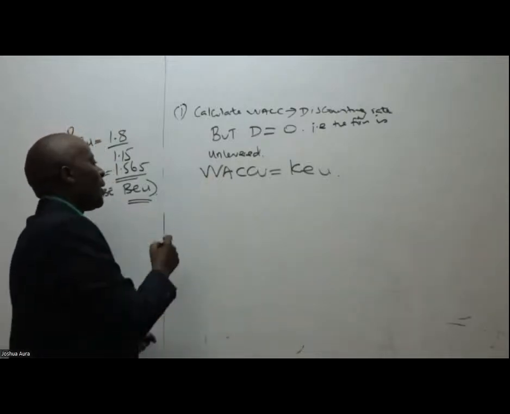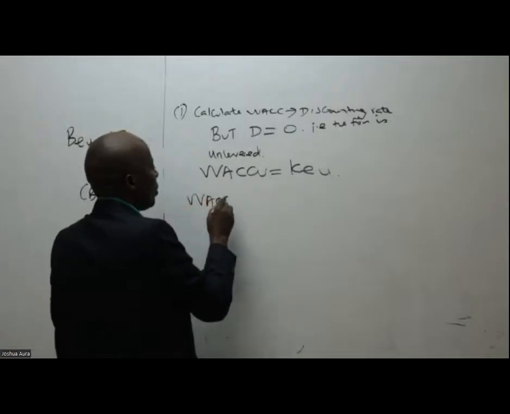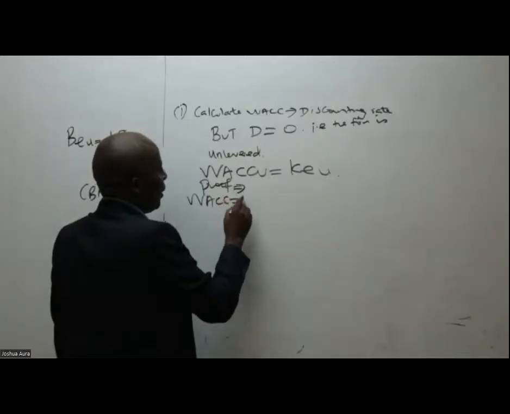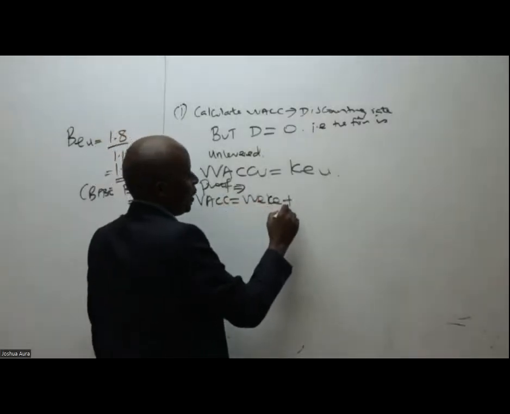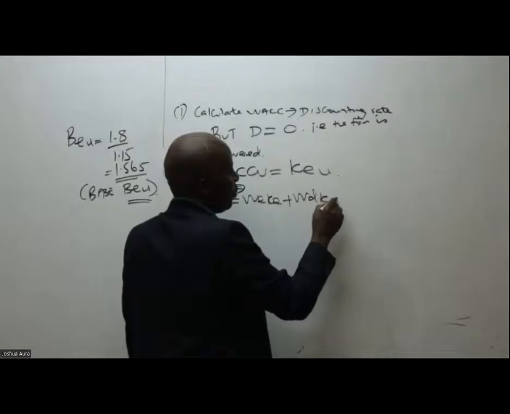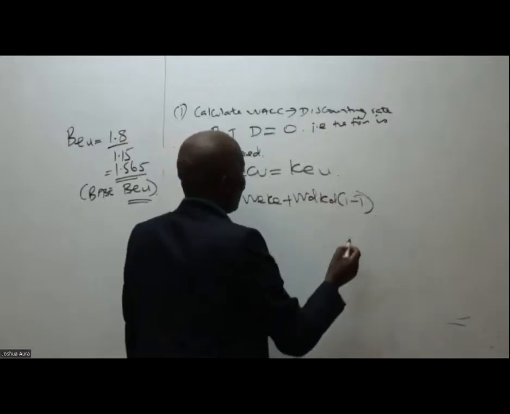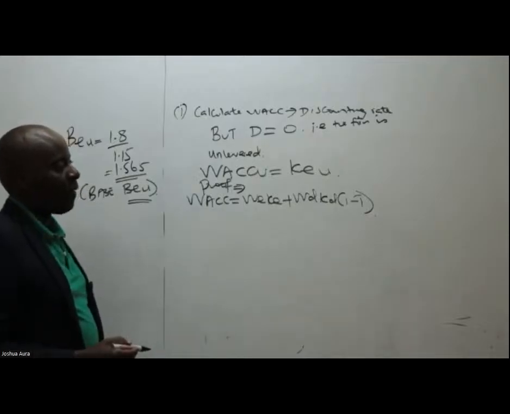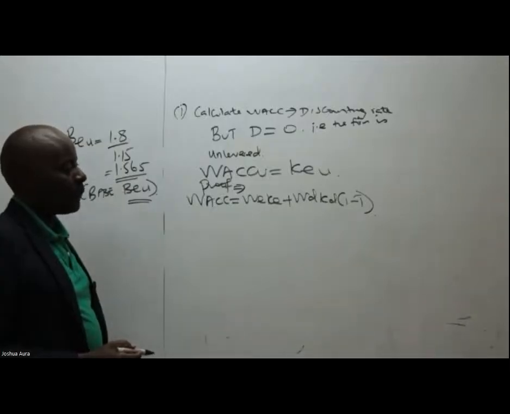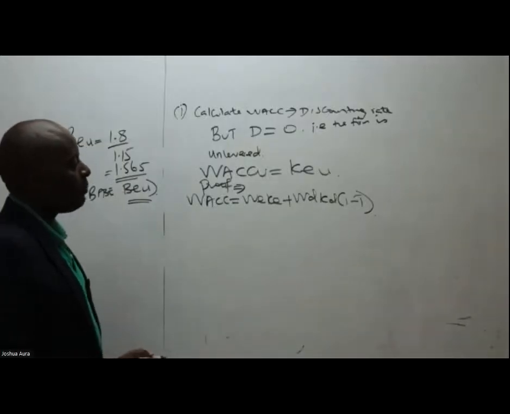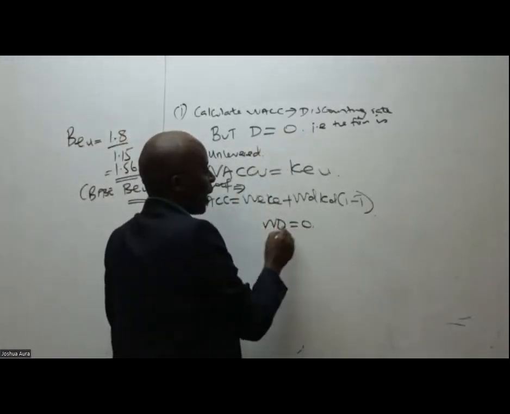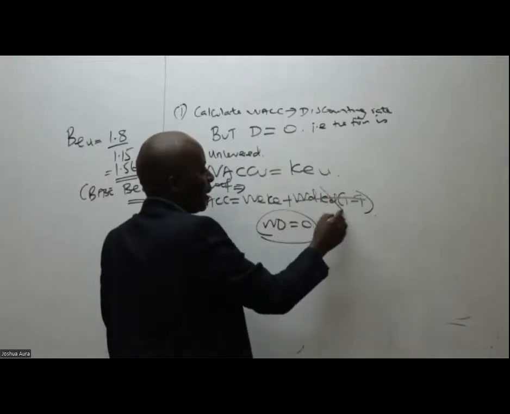We can prove this because, to get WACC, we take weight of equity times cost of equity, plus weight of debt times cost of debt, times 1 minus tax. So remember that if debt is 0, then automatically weight of debt will be 0. And if weight of debt is 0, this kills everything there.